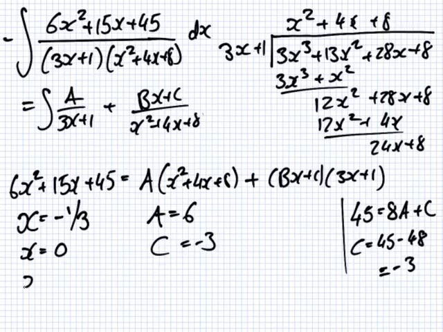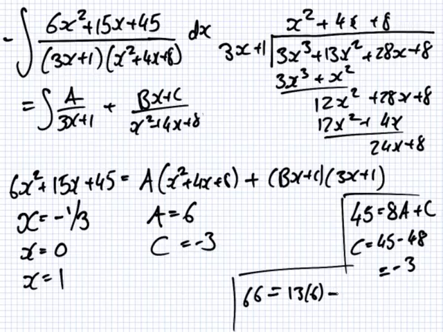And finally, to get the b, I'll just put x as 1. So more rough work on the side here. I'll get 6 plus 15, well, we'll do it in our head. 45 plus 15 is 60, plus 6 is 66. X is 1, so that'll be 8 plus 4 is 12 plus 1 is 13. 13a, so whatever 13 times 6 is, plus b plus c, which is b minus 3.